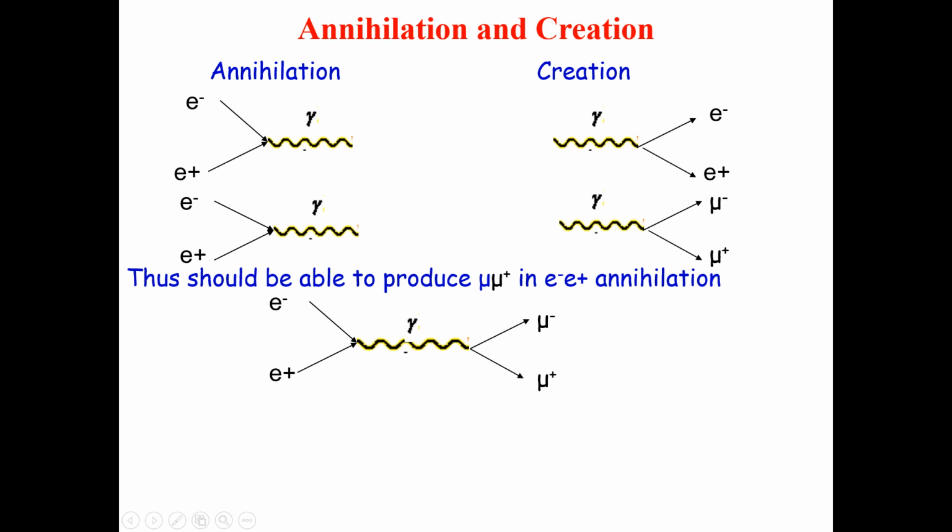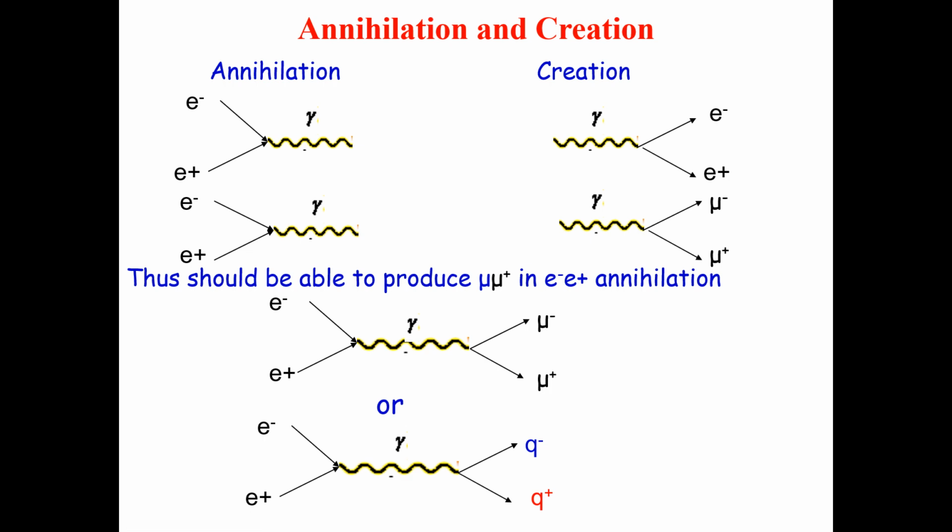Here you can see it. We have an electron positron pair, and when these electron positron pairs are annihilated into gamma ray photons, these gamma ray photons can again generate the muons, that is a muon negative and muon positive pair.